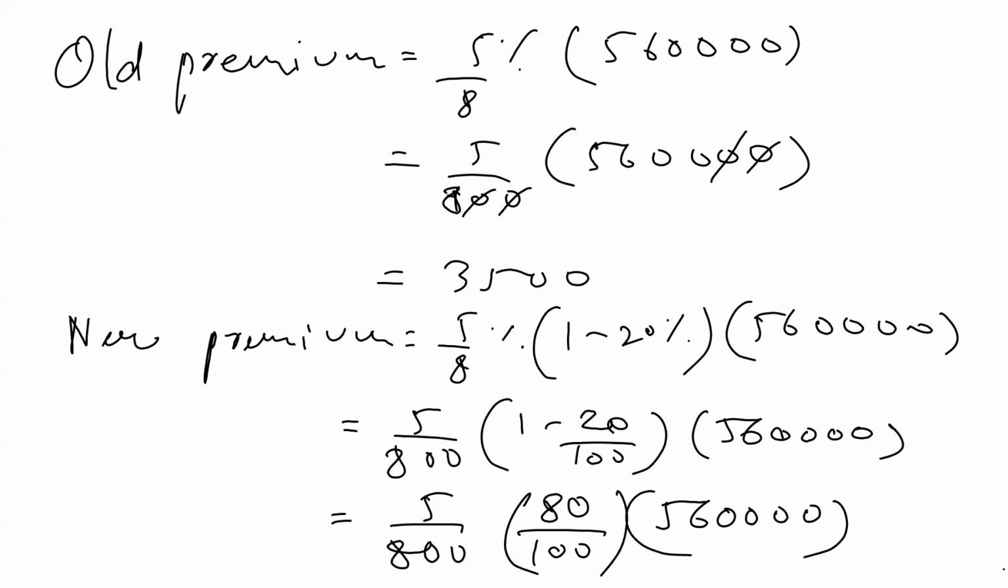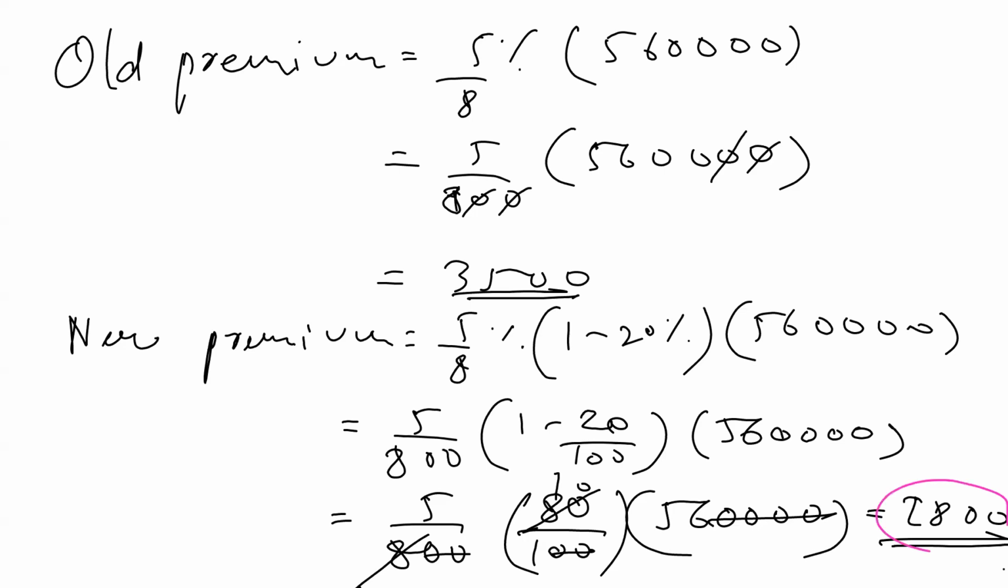Just cancel out the zeros. So if you do 56 into 5 into 10, that will give you 2,800.